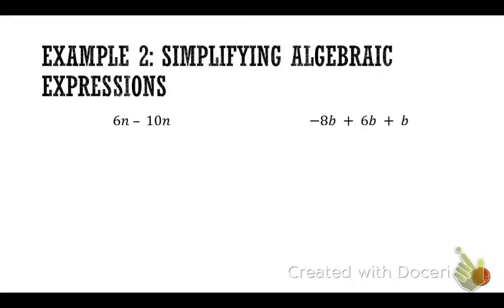Okay, so now we're just putting a variable in there. So to combine this, do we have like terms? Do the terms have the same variable? Yes. So now I'm going to look and see, do they have same sign or different? Different. 6 is positive. 10 is negative.